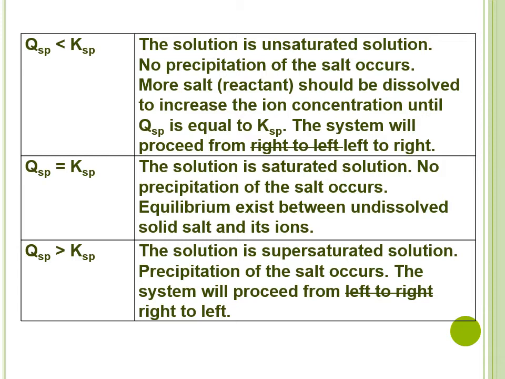There will be no precipitation of the salt. More salt should be dissolved to increase the ion concentration until QSP is equal to KSP. The system will proceed from left to right. Please make the correction there, both in the orange and green book.